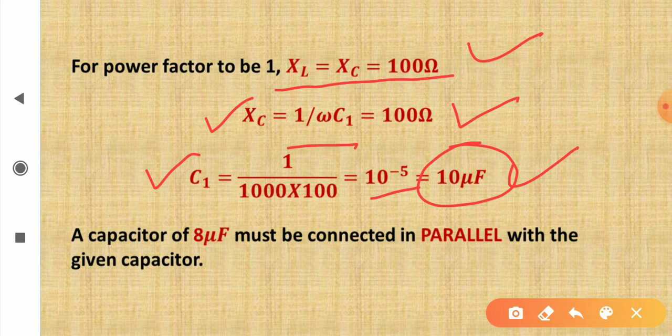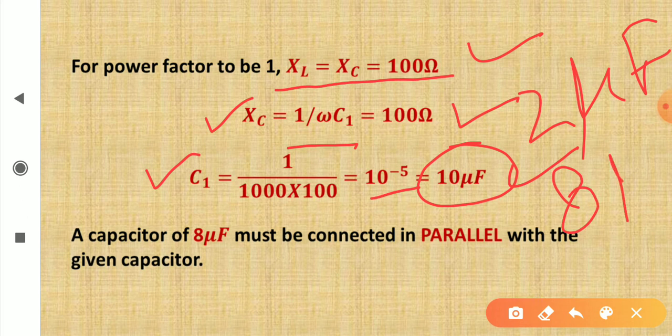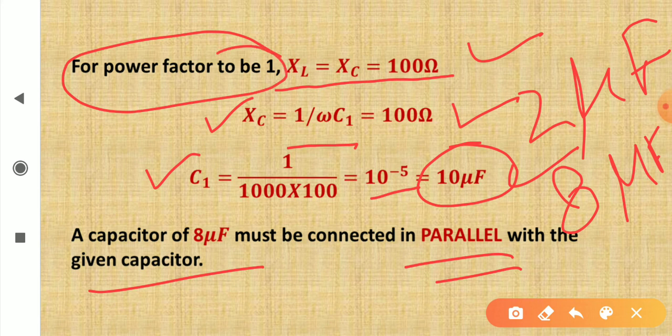That means the new capacitance should be 10 microfarad and we already have 2 microfarad, right? So the remaining 8 microfarad must be connected in parallel with the given capacitor to make the power factor unity.